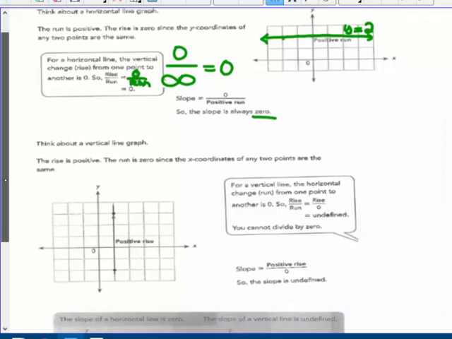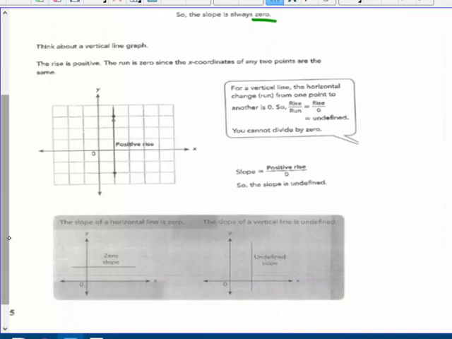Think about a vertical line graph, and we talked about this in class yesterday. x equals 1. For a vertical line, if I start here at 1 and I go up to 2 or 3, that's going up by 2. Or if I go up infinitely many times, I have infinity for my rise. I can keep going, or I could keep falling.